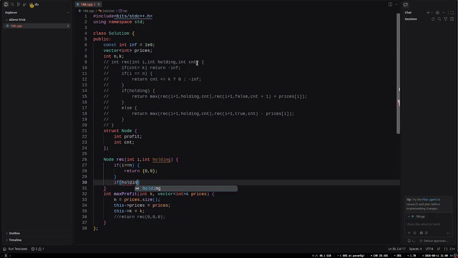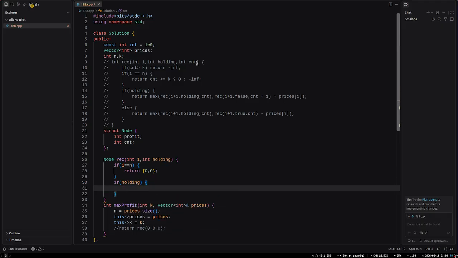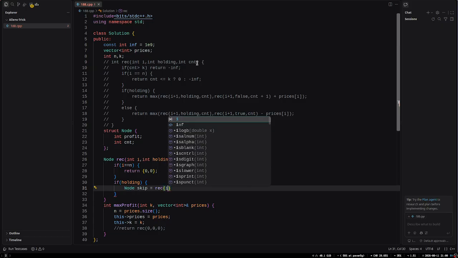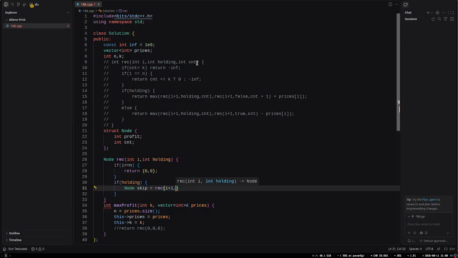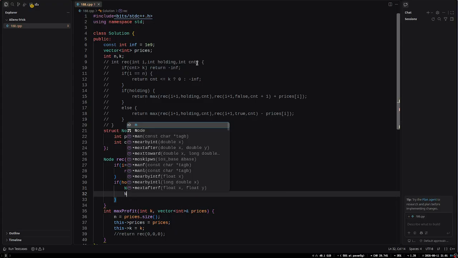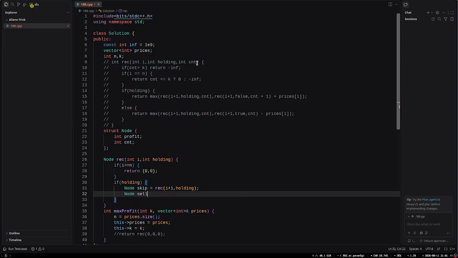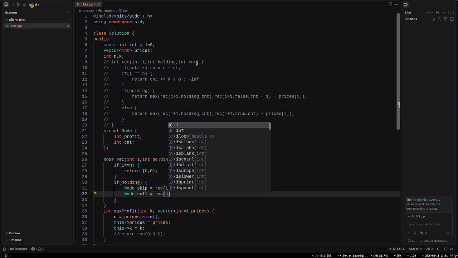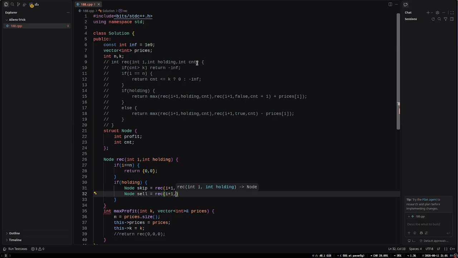And if holding is true, we got two choices. One is node skip. If you skip, it would be recursion of i plus 1, and holding would be as it is, you won't be selling it. Next thing is the sell. If you sell it, you're not holding it anymore, so this would become false.